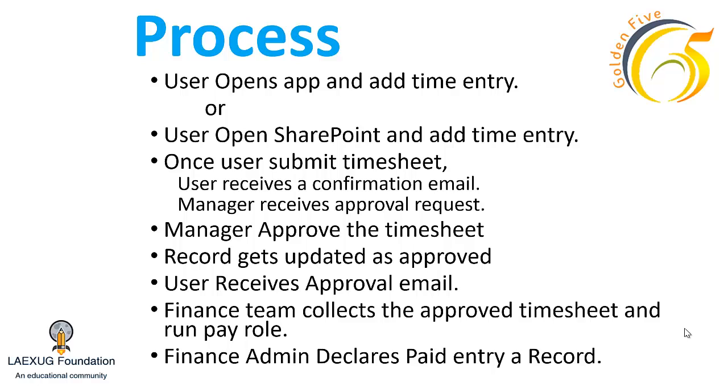Once the user submits the timesheet, the user receives a confirmation email that your timesheet has been submitted. At the same time, the manager receives an approval request. The manager approves the timesheet, and it gets updated in SharePoint Online, the record gets updated as approved, and then the user receives an approval email. So that's a confirmation.